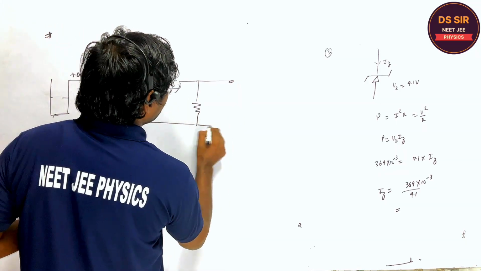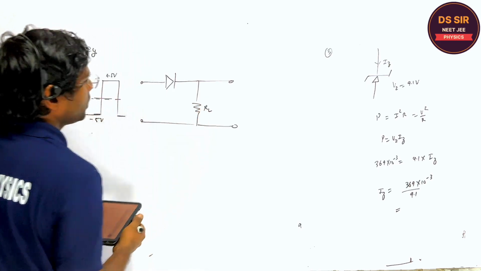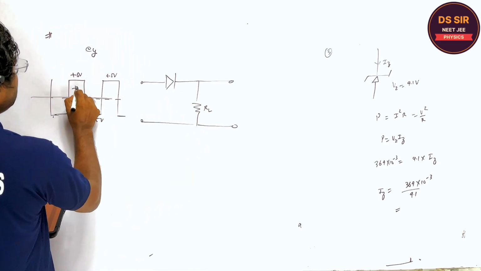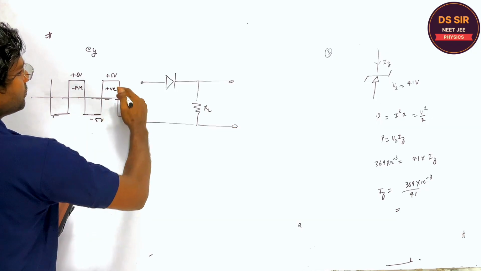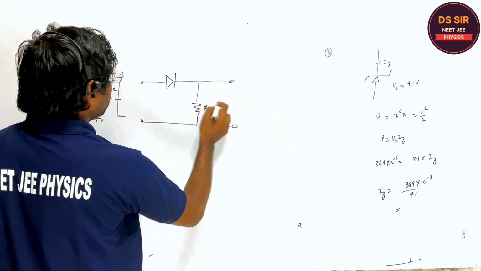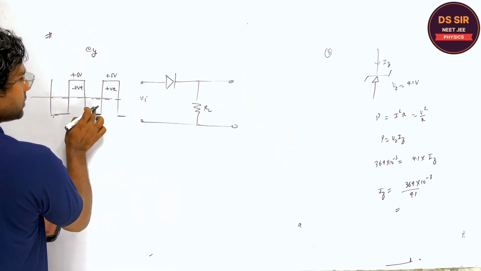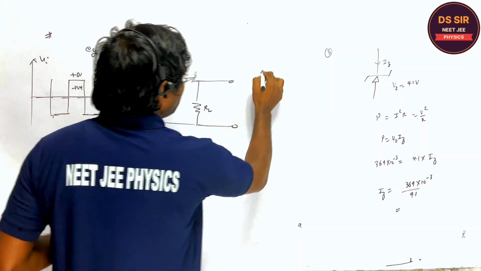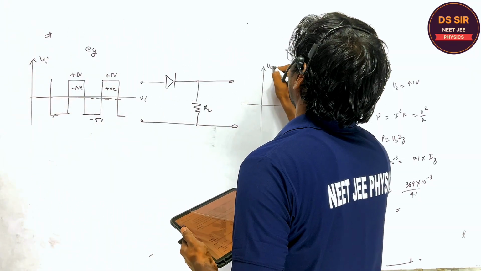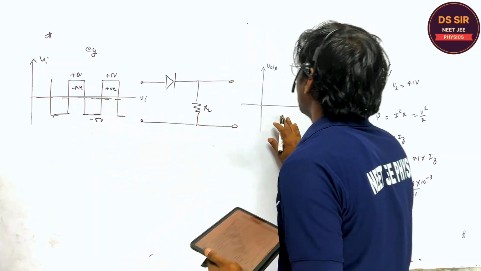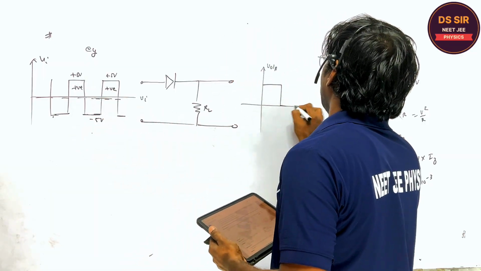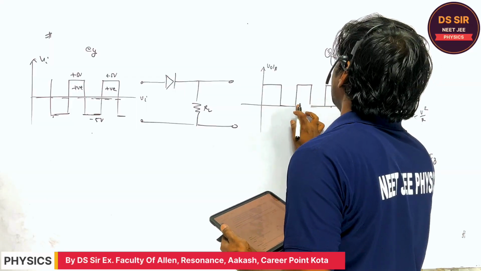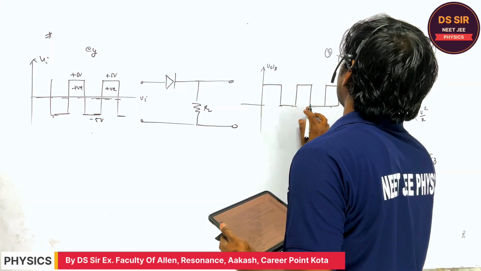So what is the output voltage across this load resistance? You have to tell. This is the half wave rectifier. Only the positive half cycle, if this is the input voltage. So in the output voltage waveform, what will you get? Only the above, right? The positive half cycle you will get. Is it clear or not, Sanjay?